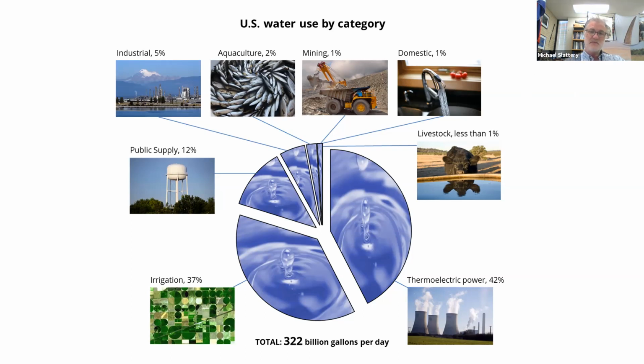Power generation, right? What about power generation? Why has power generation been such a big player in terms of reducing our water footprint? Do you think? Come on, folks. Something must have sunk in on our power generation. Why are we withdrawing essentially 20% less water than 10 years ago?